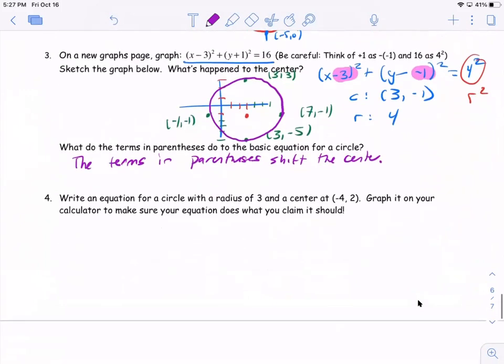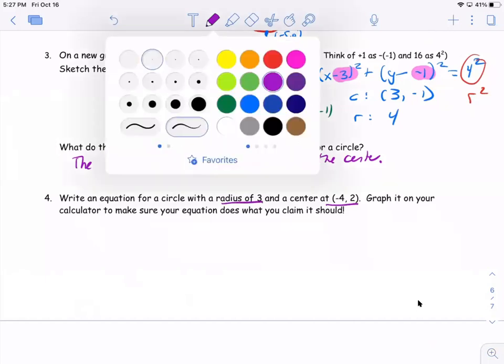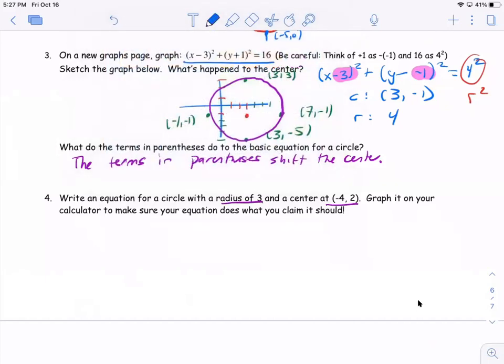So we want to write an equation of a circle with a radius of 3 and a center at (-4, 2). So typically when I start these problems, I'll start with the general equation: (x - h) squared plus (y - k) squared is equal to r squared. And I know the center is (-4, 2), which is (h, k). So h is -4 and k is 2 and r is 3.